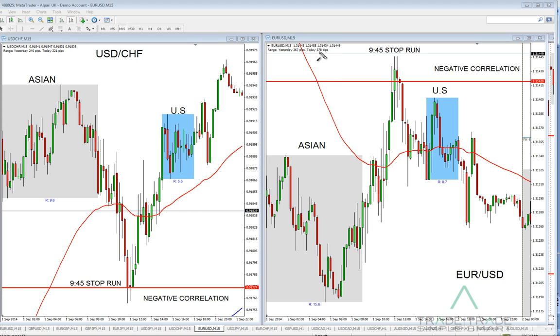So we have a previous level of manipulation, which is a potential area of deep liquidity, and at 9:45 we get an aggressive candle through our identified area. Our next candle gives us a lower high.